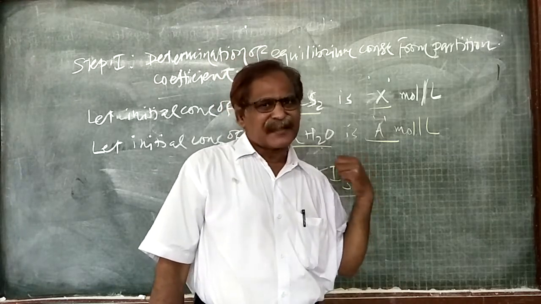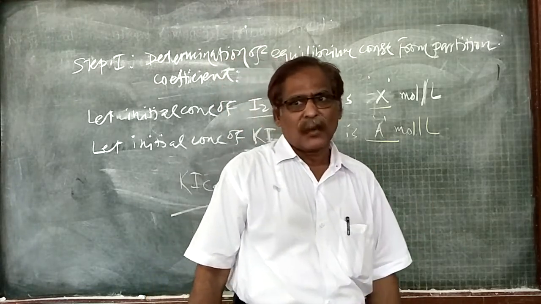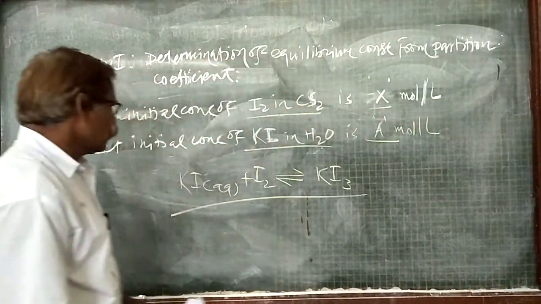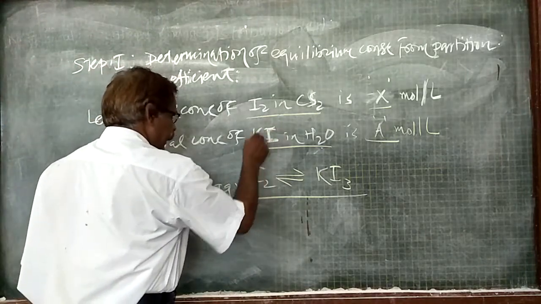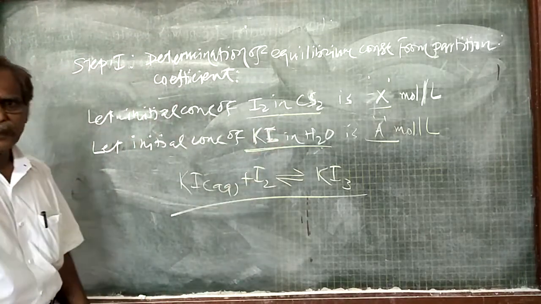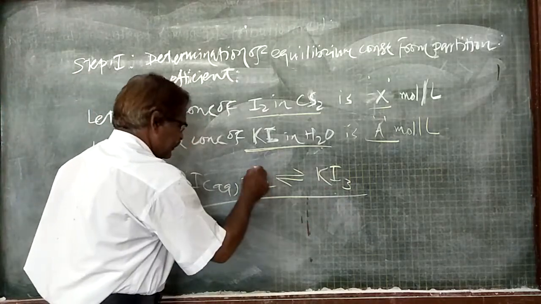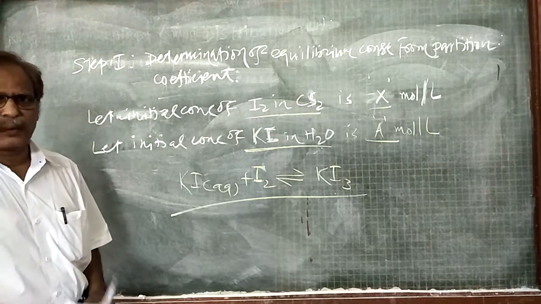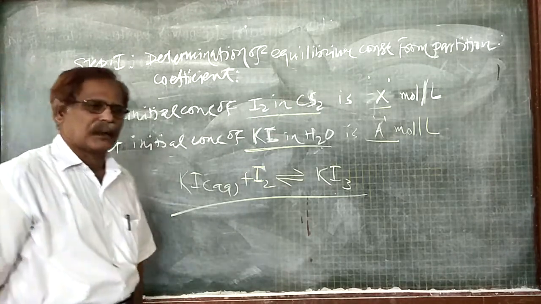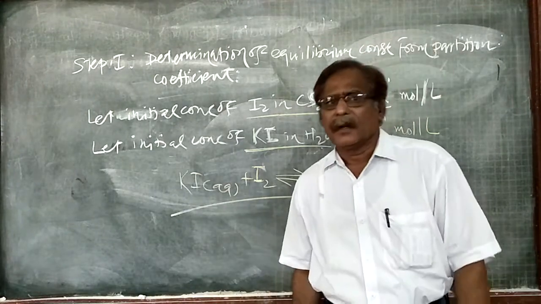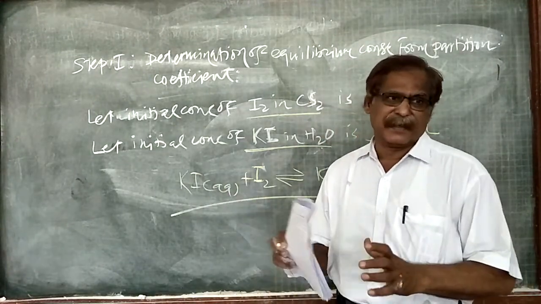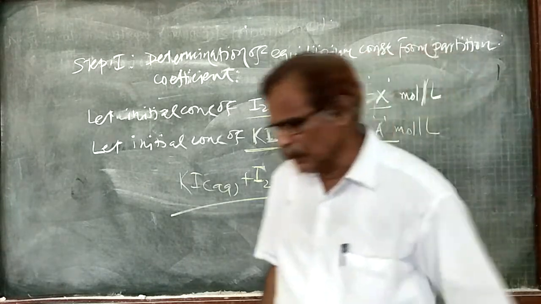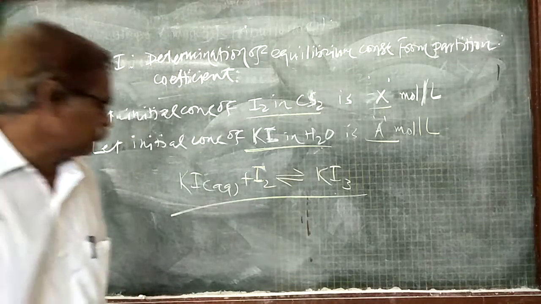Because in step 2, we have taken an aqueous solution of KI, and that aqueous solution of KI forms this complex or interaction with iodine, and therefore the concentration of total iodine in the aqueous layer in this case is much higher than the concentration of iodine in step 1.